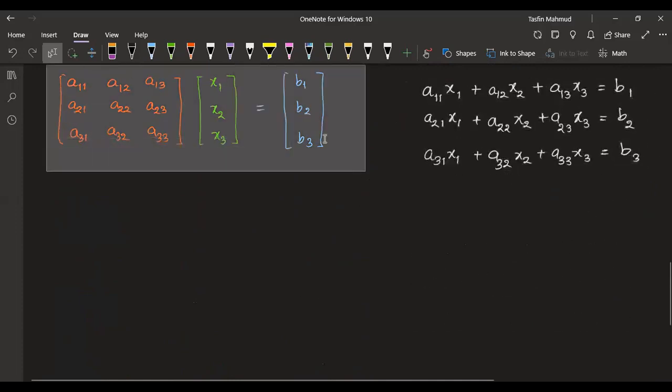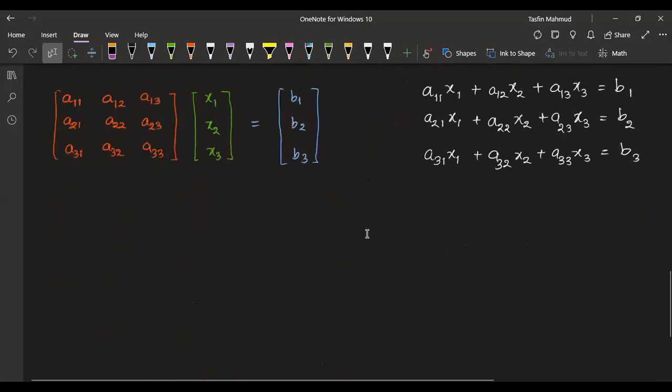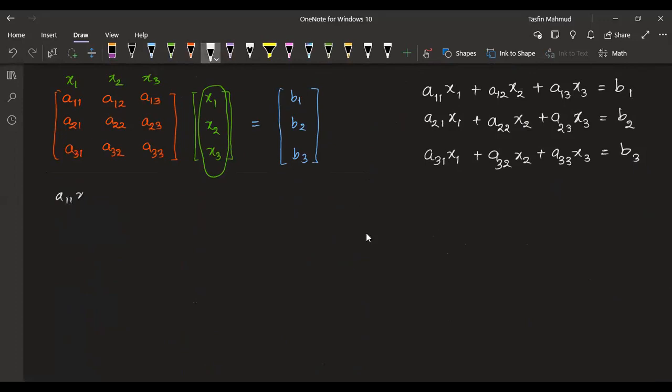If you just do the matrix multiplication here, if you can recall the matrix multiplication, what we had to do, we had to take this thing and put it here, x1, x2, x3. Then we are going to multiply them, right? So if I multiply, then I will get a11 x1 plus a12 x2 plus a13 x3 equals b1, right?